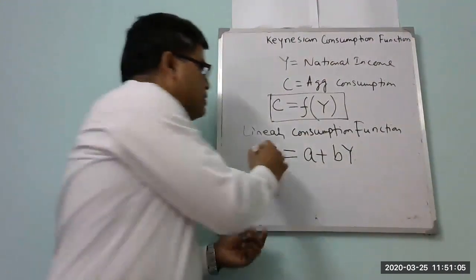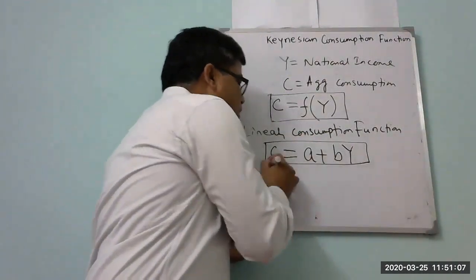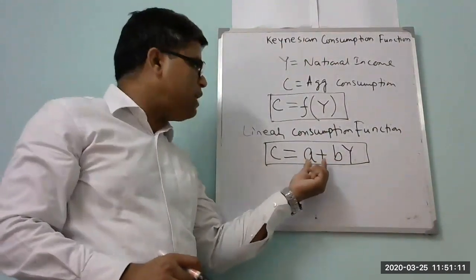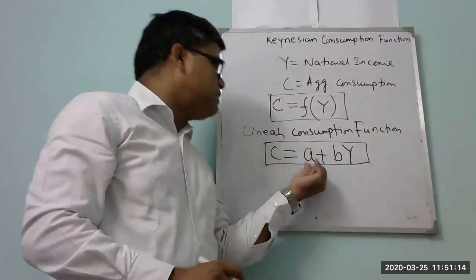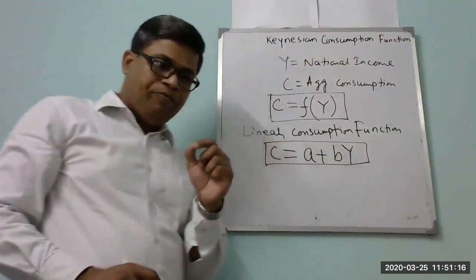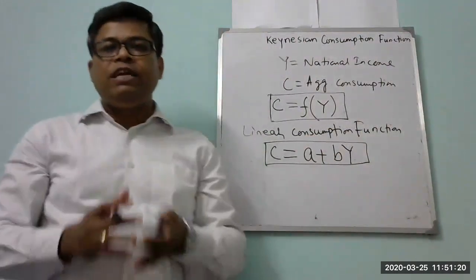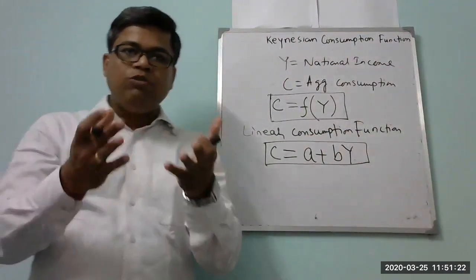These equations are very important, because all the terms are important to understand: what is this A, and what is bY. According to Keynes, if the level of income is zero, what will happen?